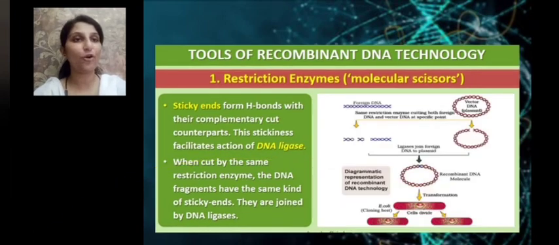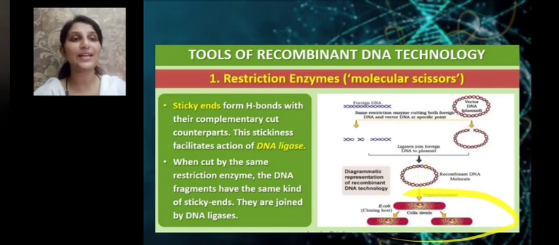In this we can see the foreign DNA and this is the vector DNA. The same restriction enzyme is used for cutting both the DNAs. This is the gene of interest, and here also they are cut at the same recognition site. As a result, it will generate single-stranded overhanging stretches. And ligation is done. So we can see this is a recombinant DNA. That is, a plasmid with a gene of interest is called a recombinant DNA, and then it is introduced into a host.